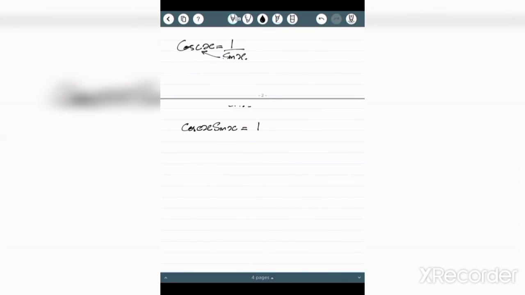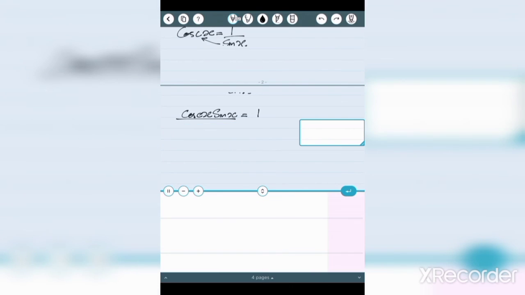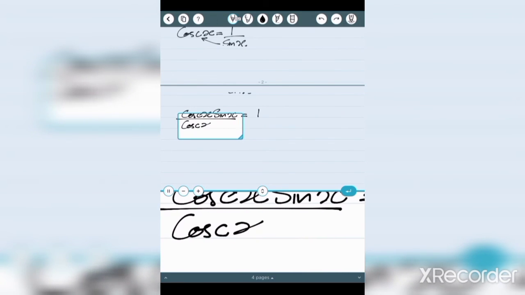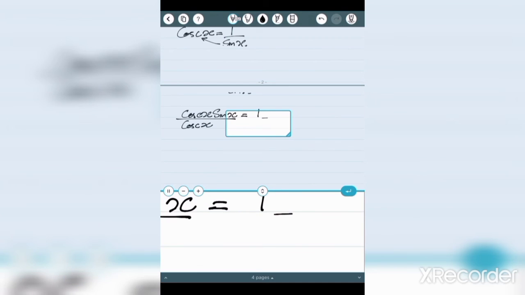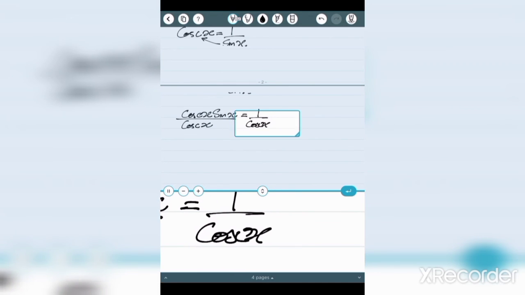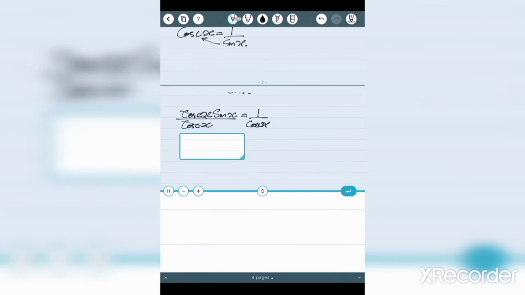So this is where we are right now. So when we are to divide both sides with cosec x, and we also divide on the other side with cosec x, this goes away, that goes away.